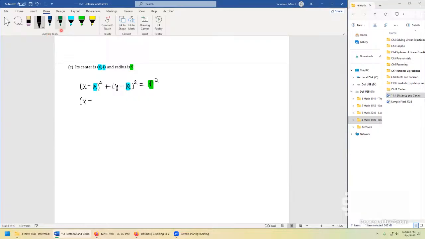So this becomes x minus 6 to the power 2 plus y minus 4 to the power 2 equals 9 squared. So that's all the information substituted in. Typically, we have to simplify our answers, so let's square the 9. If you saw that coming and just wrote an 81 there, that would have been just fine. So the equation of this circle is x minus 6 squared plus y minus 4 squared equals 81.